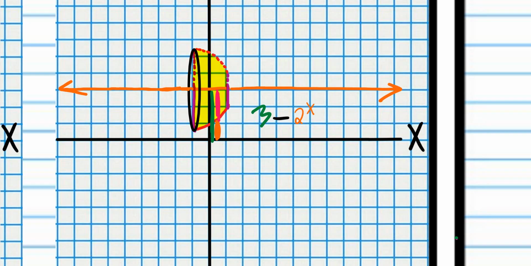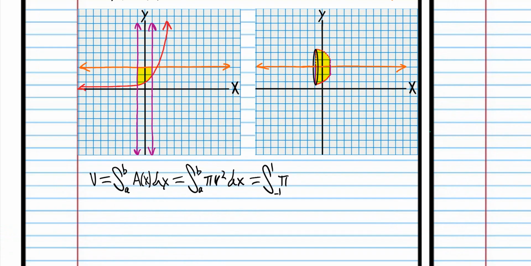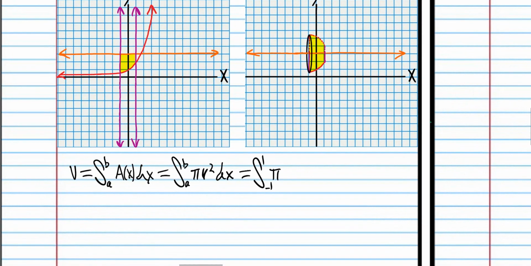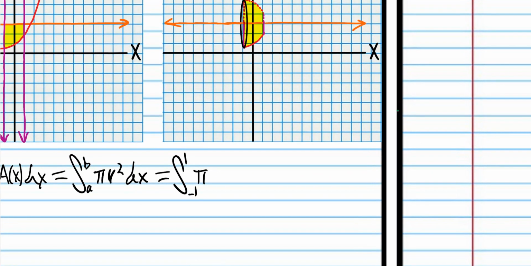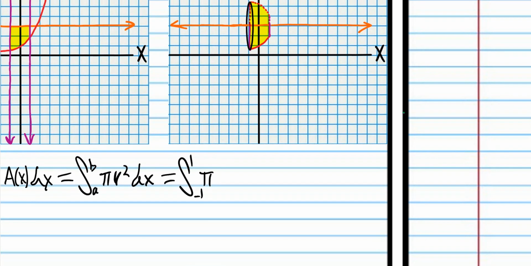So you can see that this takes more thought. Students tend to get really confused by this. So if you find throughout this class that you're kind of confused about what expression represents the radius of a disk, or the inner disk or outer disk of the washer method, then that's normal.